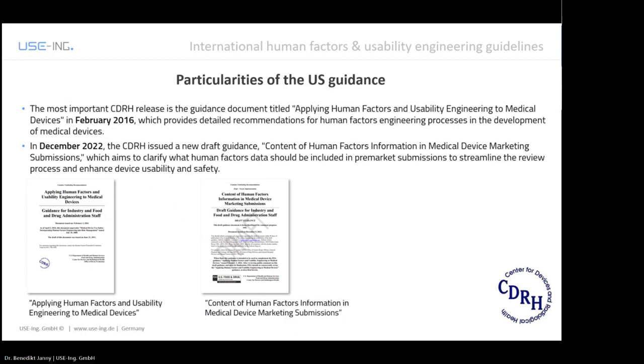It's a draft guidance titled Content of Human Factors Information in Medical Device Marketing Submissions, and it aims to clarify that human factors data should be included in pre-market submissions to streamline the review process and enhance device usability and safety. So these are the CDRH documents focusing on medical devices.